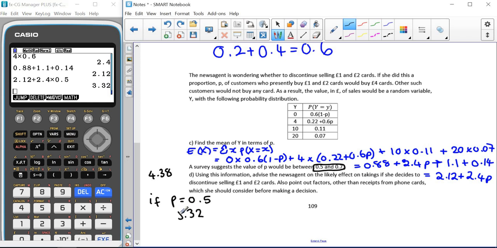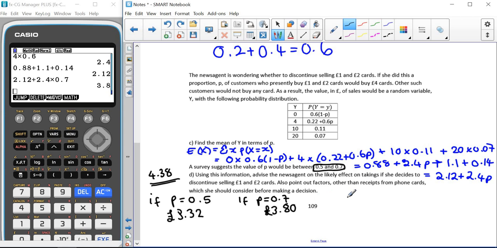So that is less money than what we were earning before. If the probability is 0.5, then we only earn this much. If the probability was 0.7 though, with the same equation, 2.12 plus 2.4 times 0.7, that gives us £3.80. So it doesn't matter whether it's on the optimistic or the pessimistic side of the scale, she's not earning as much as she did before anyway.